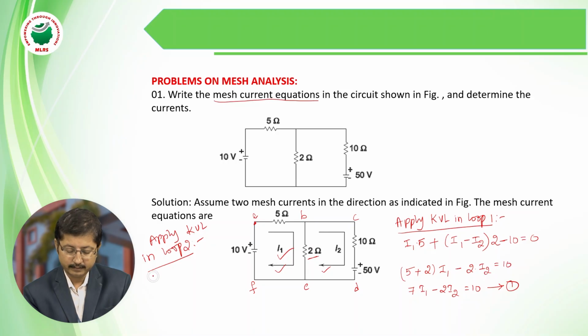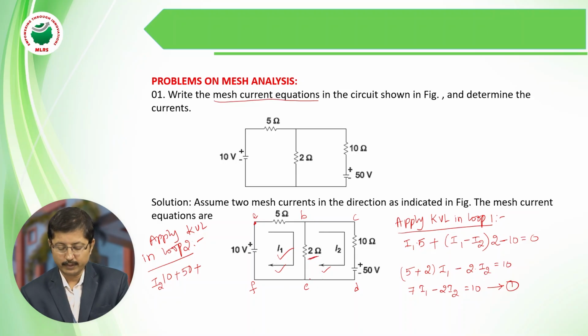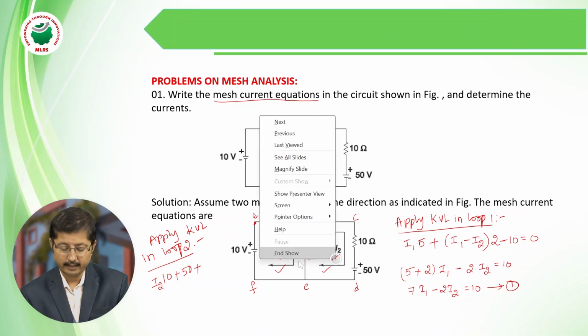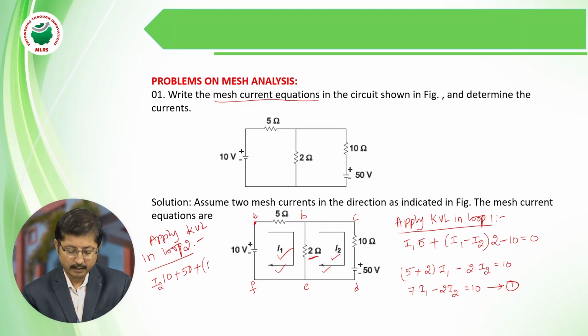That is I2 into 10 plus 50 plus, since this 2 ohm is common for both loop 1 and loop 2, while considering the second loop we take its current as the highest compared to the other. So I2 minus I1 into 2 is equal to 0.